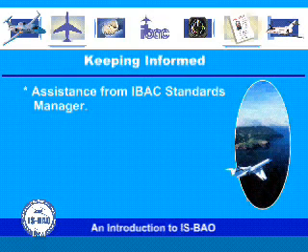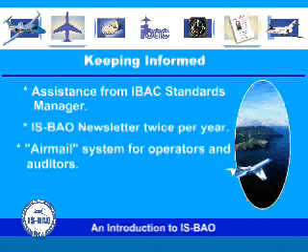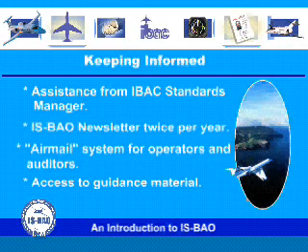The IBAC Standards Manager is available to provide assistance to operators involved in implementation of the ISBAO. Operators and auditors receive the ISBAO newsletter, which is produced twice a year. Information is regularly provided by email through the NBAA airmail system. This system is also used when new guidance material becomes available or issues of interest are identified.